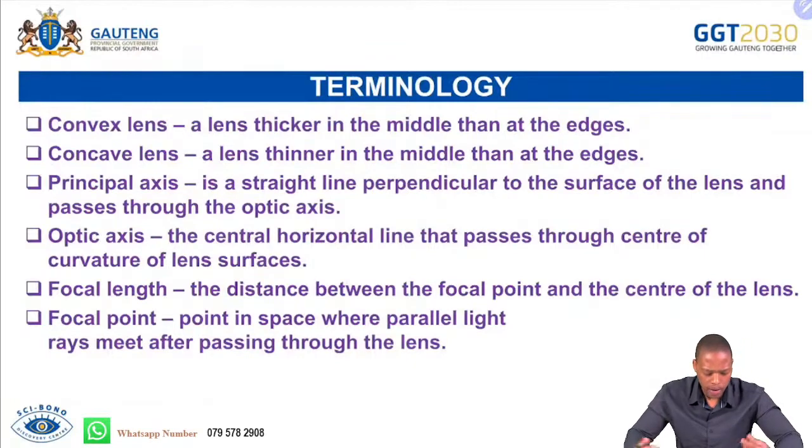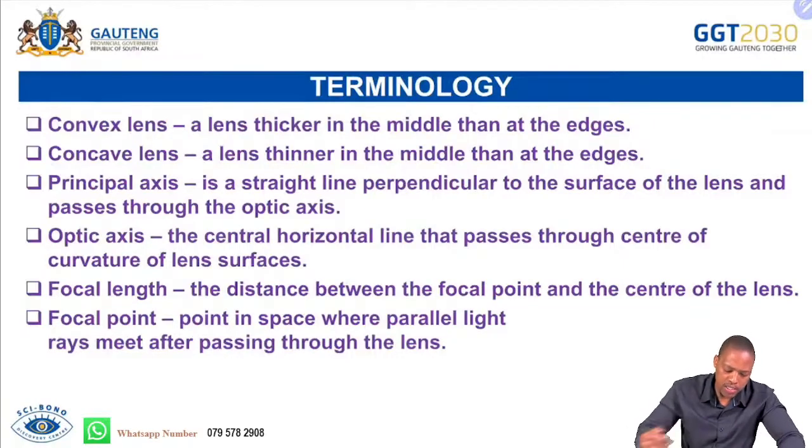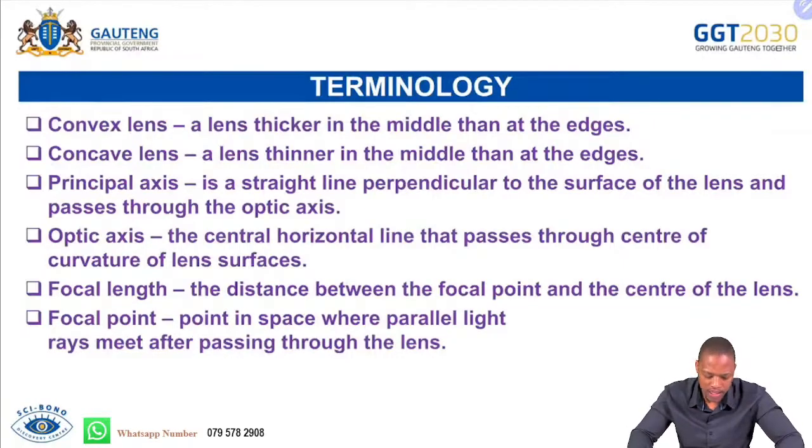And then other terminology that we need to know while we are working with lenses are things such as the principal axis, which is a straight line perpendicular to the surface of the lens and passes through the optic axis.